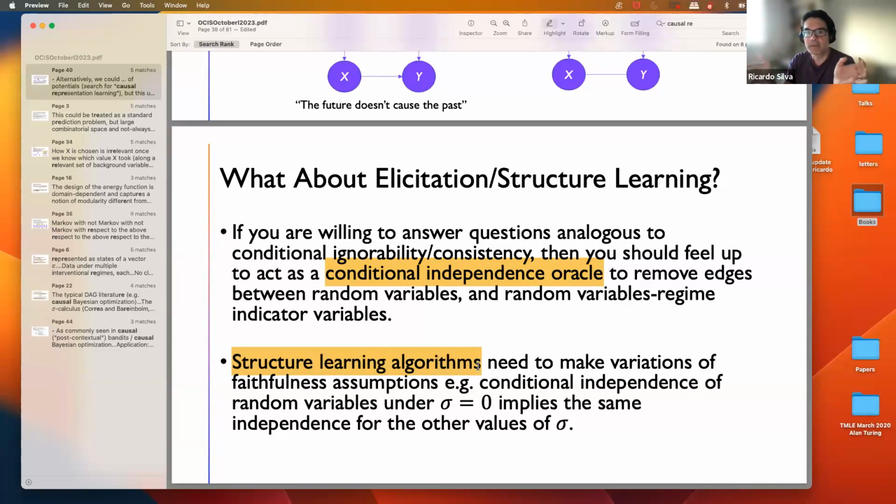You need to be able to link what happens under one regime to another one. You need some sort of faithfulness-like assumptions. We have a definition of baseline as being sequences of all zeros. And there you say, if I find this conditional dependence among these random variables under this design of all zeros, I will assume that this also holds under other designs.